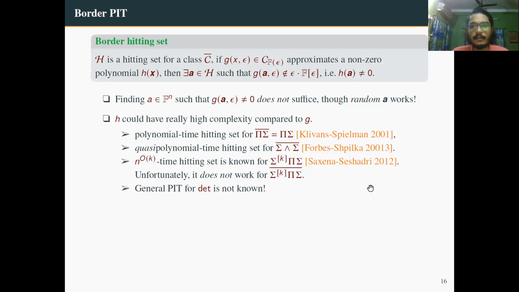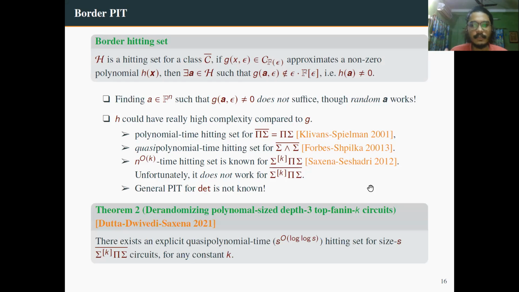And in fact, if you remember the previous result, we showed that sigma pi sigma bar with constant top fan-in is in VVP, but we do not know efficient PIT for VVP or determinant. So it's not clear if we can de-randomize it efficiently, but it turns out that we can. There is a quasi-polynomial time hitting set for sigma pi sigma bar circuits with constant top fan-in.